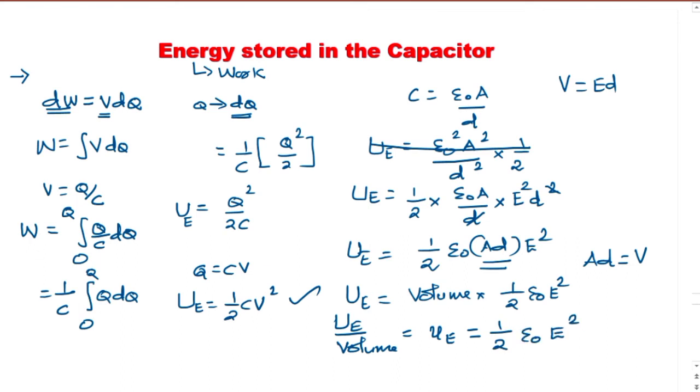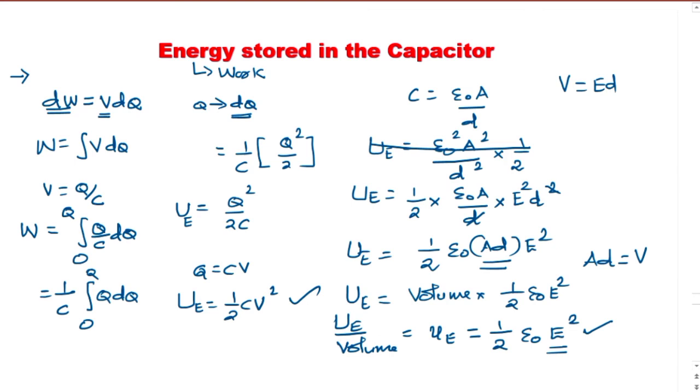This is a very important relation. If you want more energy density, you have to get more electric field. So energy density is directly proportional to the square of the electric field, which is a very important point. You have to note this down.